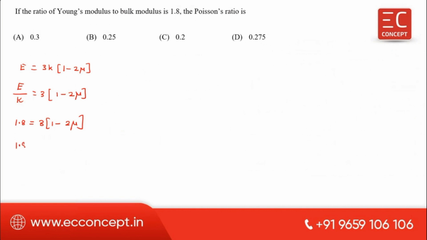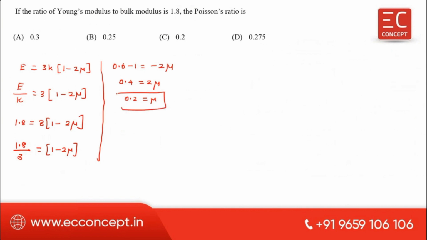So 1.8 divided by 3, that is 0.6, is equal to 1 minus 2 mu. 0.6 minus 1 is equal to minus 2 mu. So 0.4 is equal to 2 mu, and 0.2 is equal to mu. So this is the answer. Therefore, the answer for this question is C.